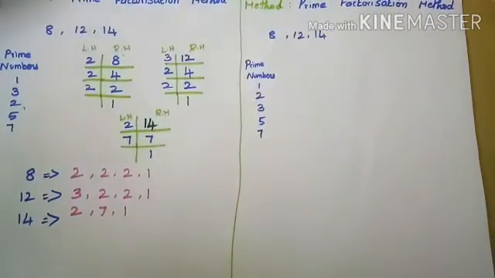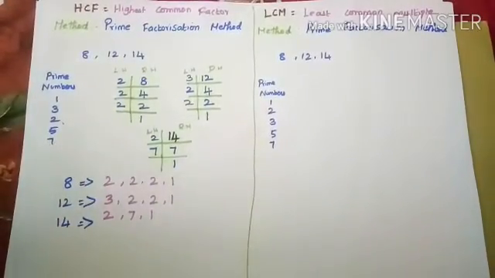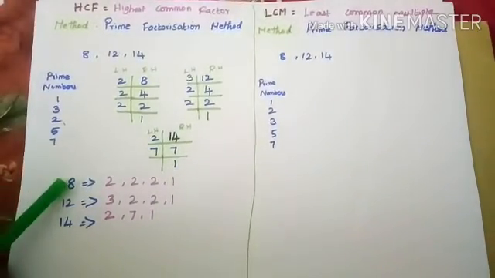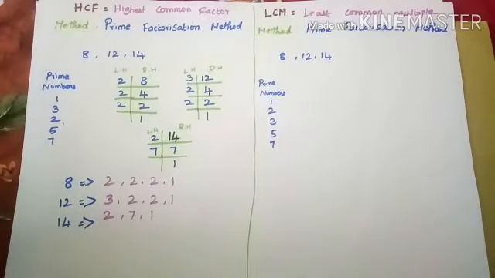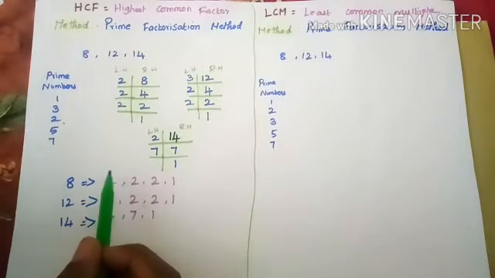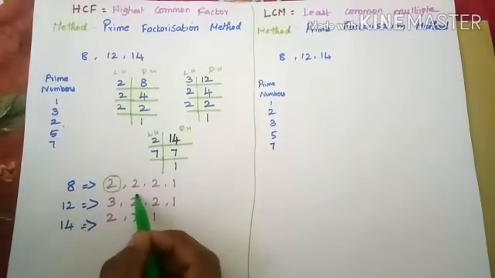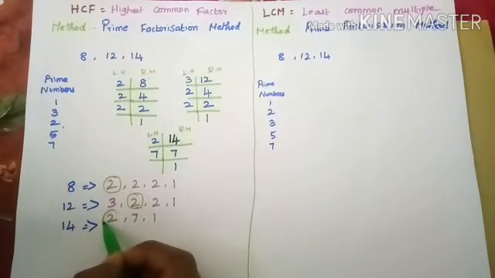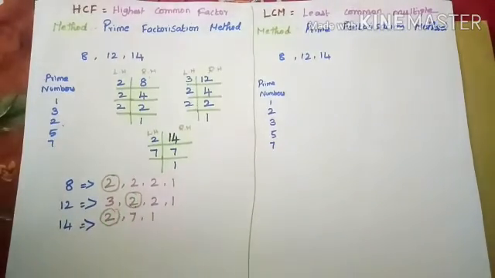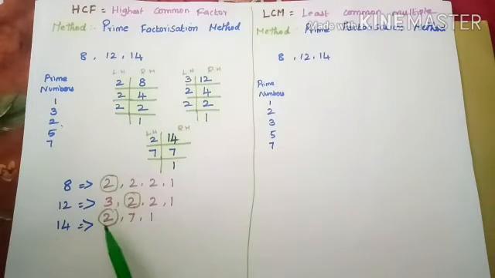So now we are going to find the HCF. How to find the HCF? What are the common numbers present in 8, 12 and 14? Shall we find? The first number is 2. So 2 is there in 8. 2 is there in 3 numbers. Right. Which number is commonly present in 3 numbers?